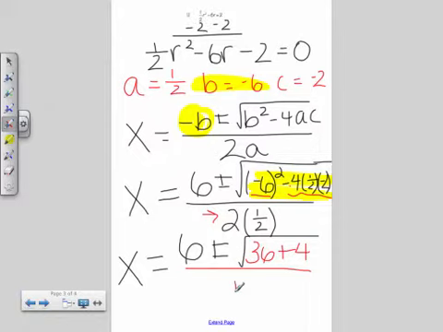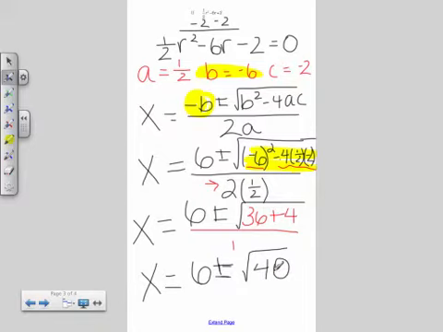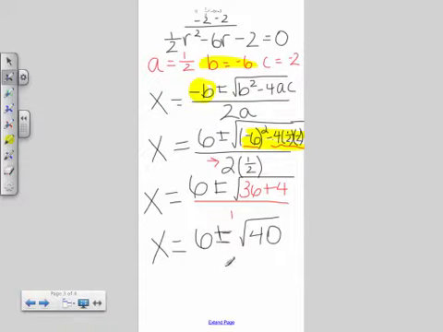I'm not done figuring out what's inside of my parentheses or what's underneath this radical, so I'm going to add these numbers together. So I end up getting x equals 6 plus or minus the square root of 40. I technically don't need to have it over 1 anymore, because anything divided by 1 is itself. Lastly, I need to make sure that I simplify this radical right here.